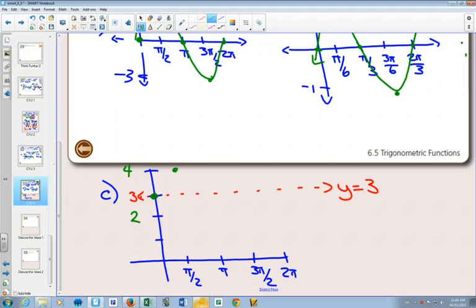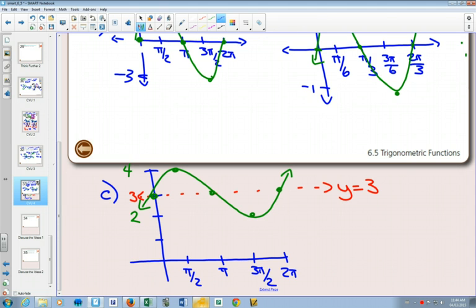Now it'll go up to its maximum, back to the center line, down to its minimum, back to its center line. And that graphs it between 0, 2 pi and beyond. You have to label the y equals 3 as your center line.